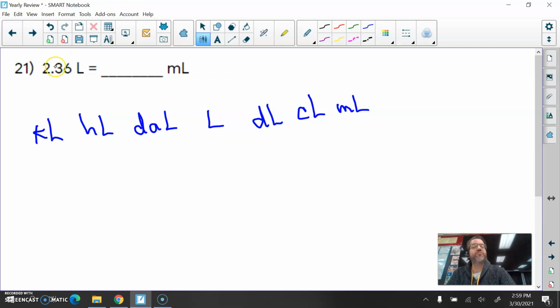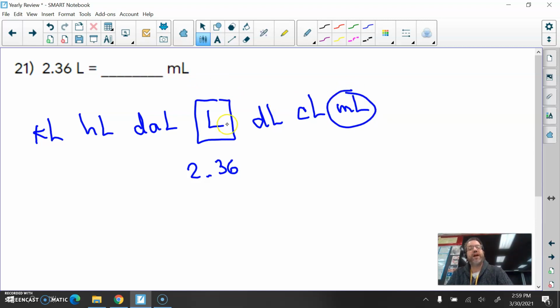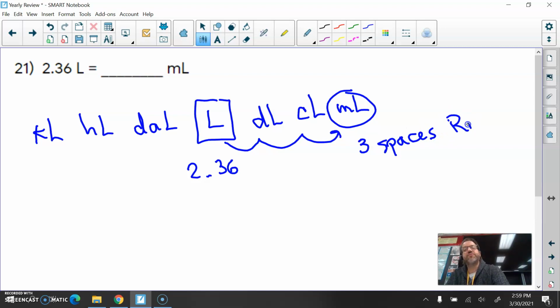So if I have 2.36 liters, I'm starting here at liters, and I want to convert it over to milliliters over here. I need to move 1, 2, 3 spaces, and I'm moving to the right when I'm moving from liters to milliliters.